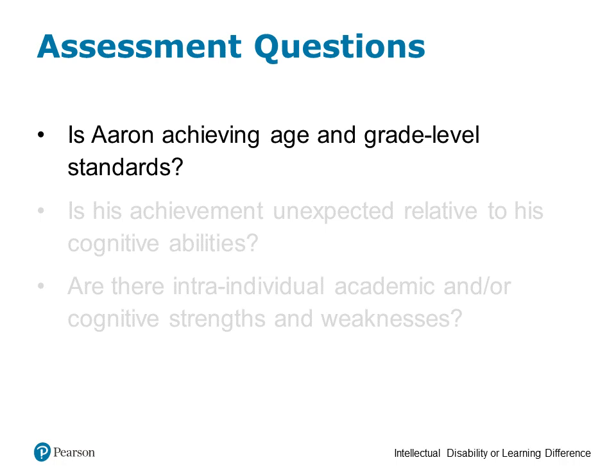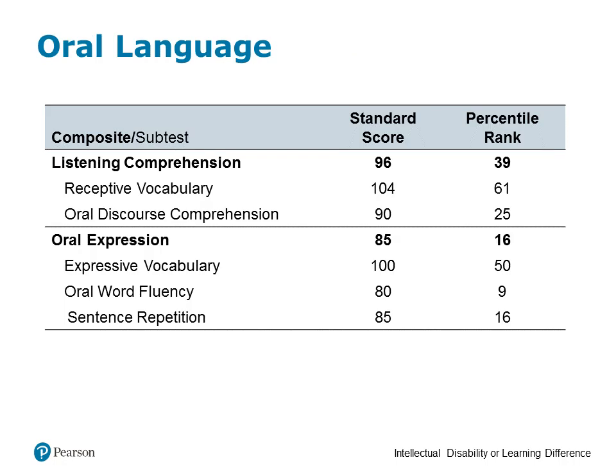When I ask this question, I'd like to go first to the information that will answer that question. I want to be able to confirm what the teacher is seeing in the classroom. And so the first set of data that I'm going to present to you are from the achievement measure, and I'm going to start with the oral language.